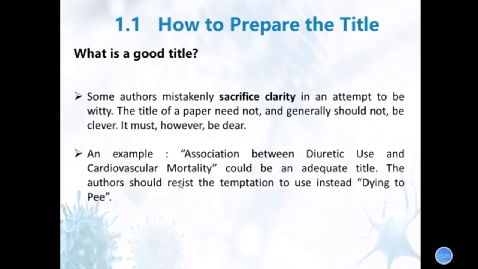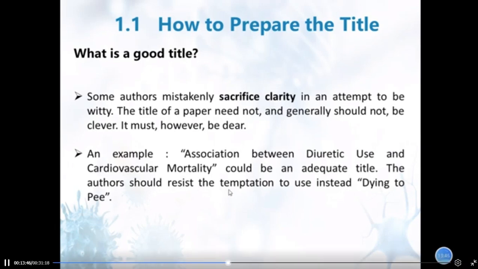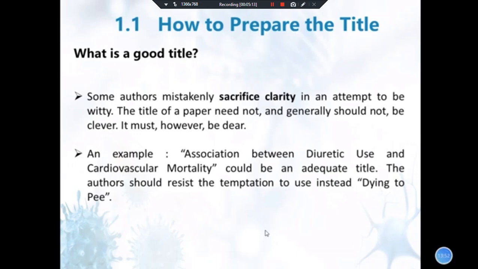An example: "The association between diuretic use and cardiovascular mortality" could be a good title. The author should resist the temptation to use something informal instead. That's not good. It's not scientific.